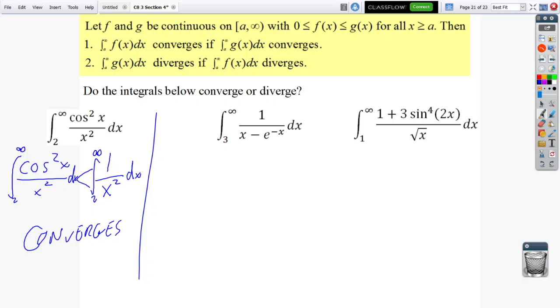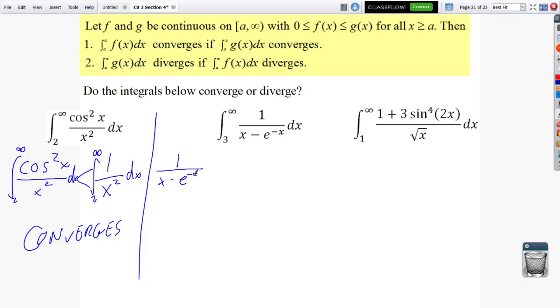We're looking at the integral from 3 to infinity of 1 over x minus e to the negative x. So we're looking at that denominator. If I can get rid of that denominator, I can make this p-testable.